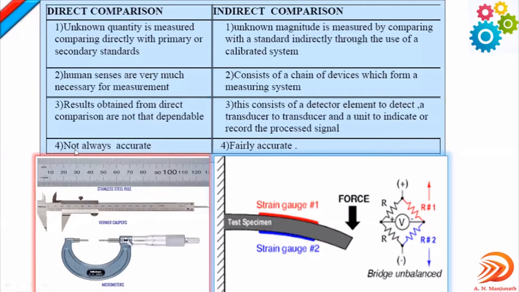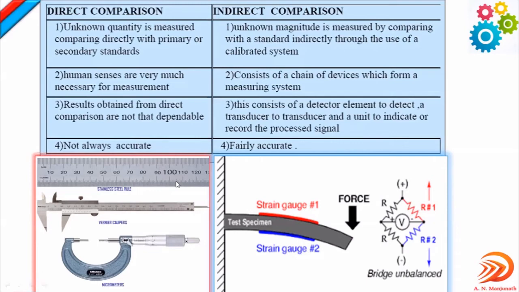See here, direct comparison is not always accurate. It is not reliable. There is some variation because human factors are involved in direct comparison. Whereas if you take indirect comparison, it relies on the different elements involved for the measurement to happen.